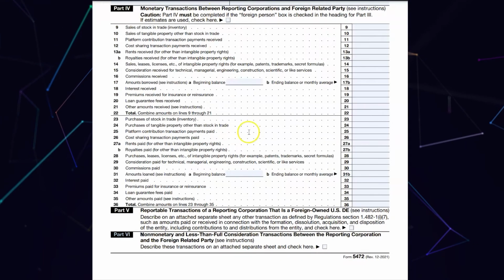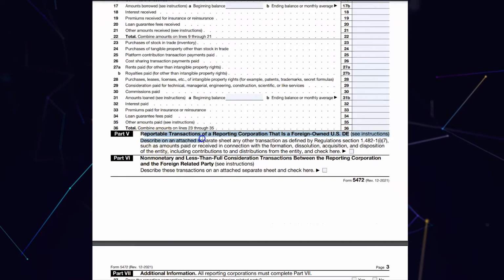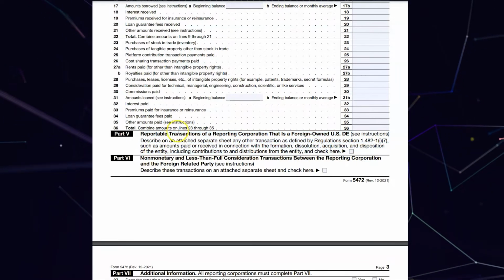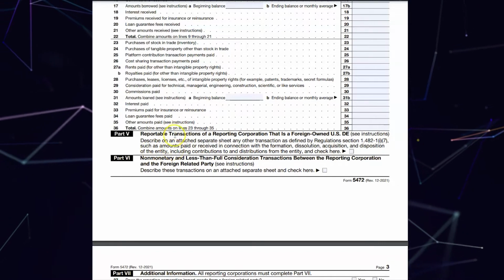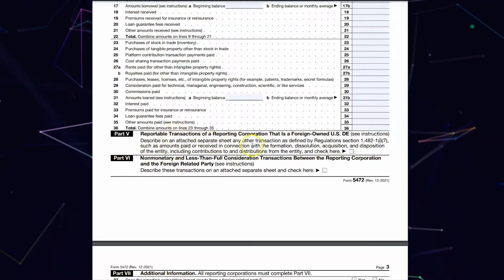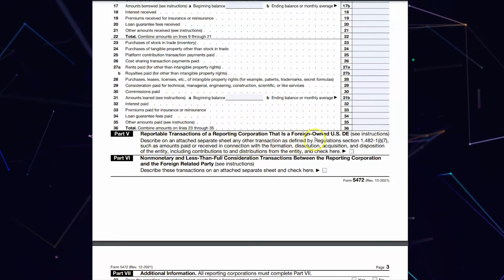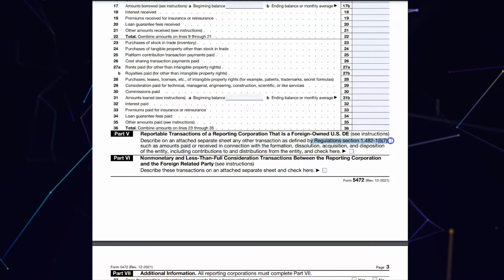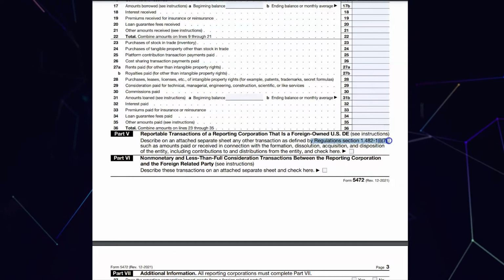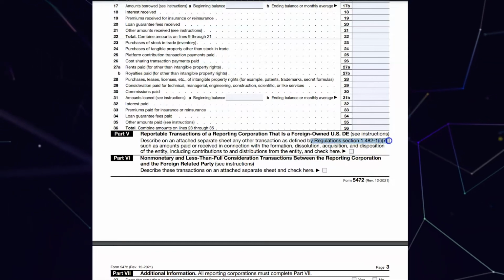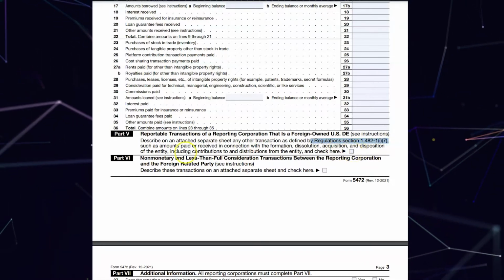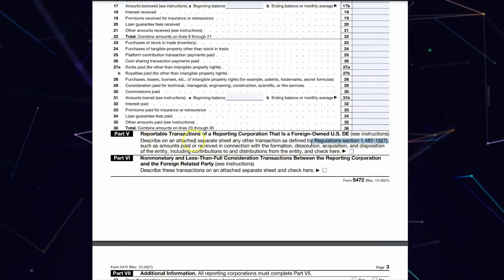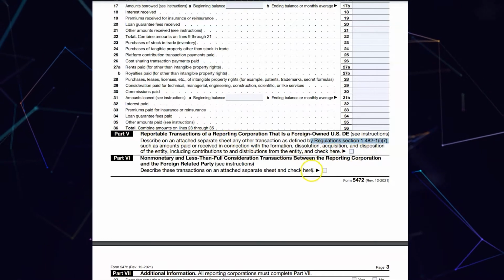So let's look at Part V. Here, the IRS has instructed that foreign owners of U.S. single-member LLCs must describe on an attached separate sheet any of the transactions that are defined in the Treasury Regulations here. So if you have time, you can read this Treasury Regulation and figure out all the transactions that could possibly be in this box. The IRS basically instructs you to check this box and attach a separate sheet to describe all the transactions.